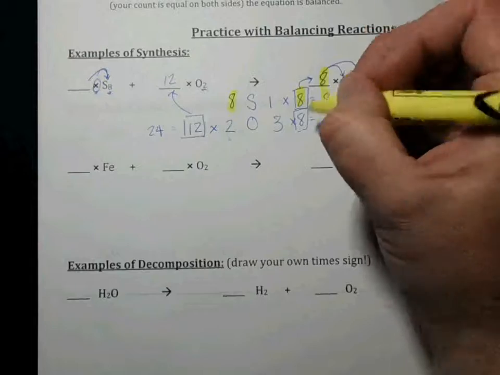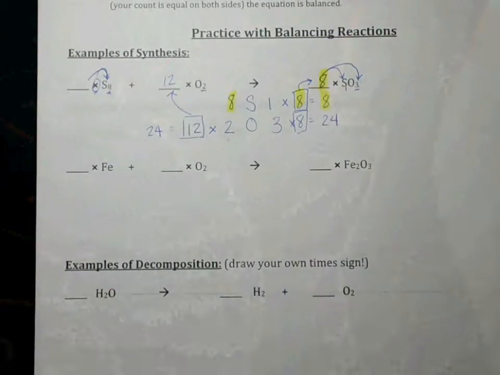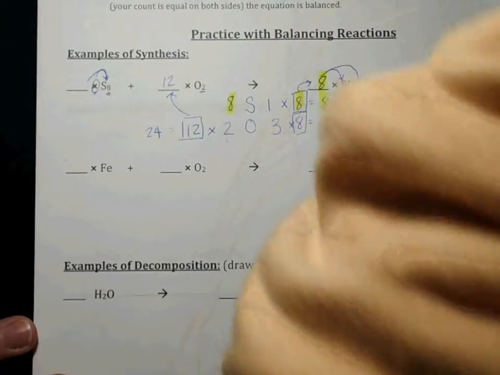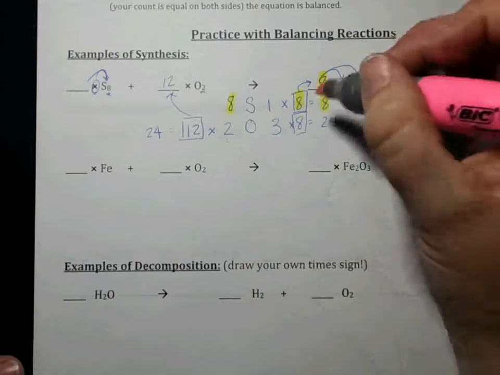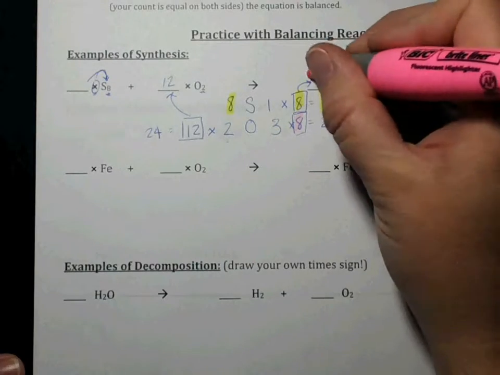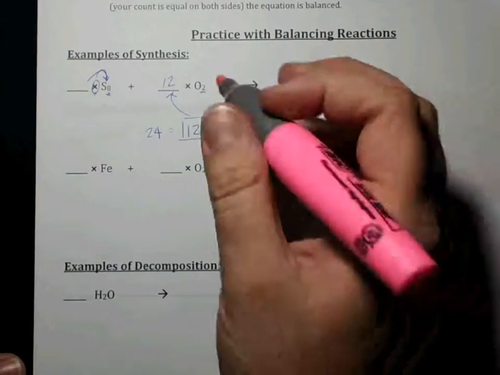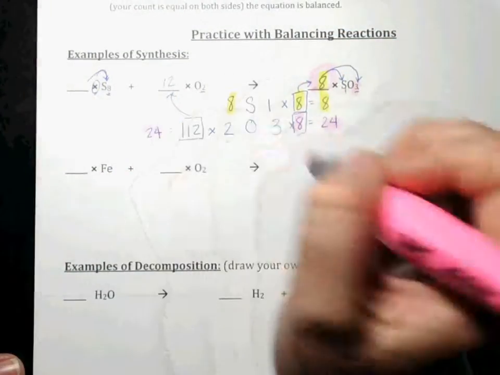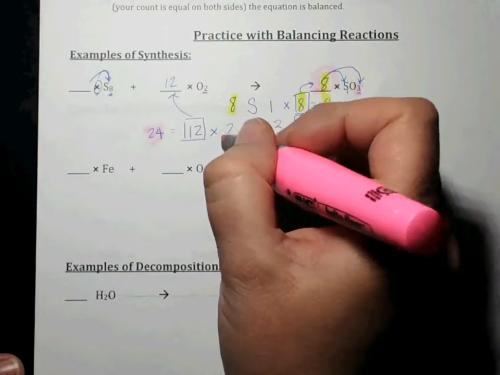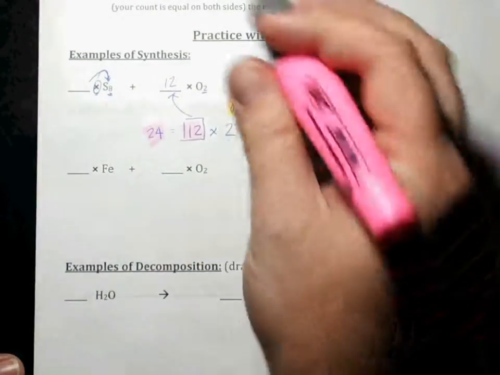Multiplying by 8 on the right side has also changed my number of oxygens to be 24. So to get 24 on the left side, we had to multiply 2 times 12, and that 12 is what went in the blank.